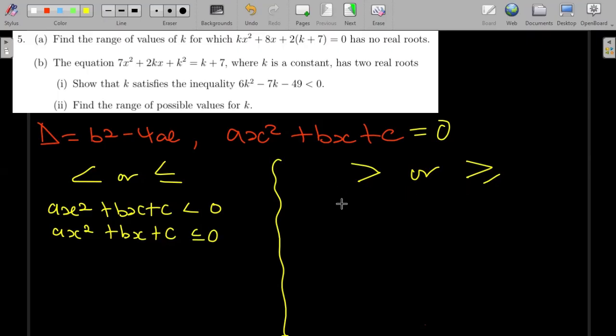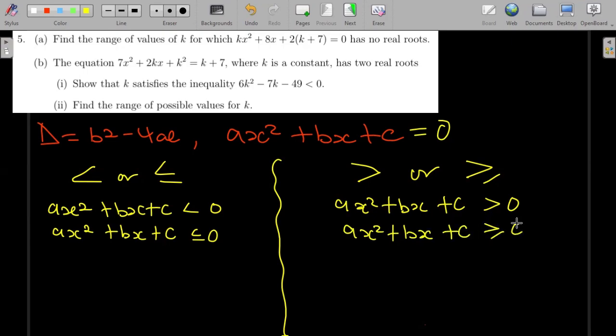And then this side we're going to have ax squared plus bx plus c greater than 0, or ax squared plus bx plus c greater than or equal to 0.